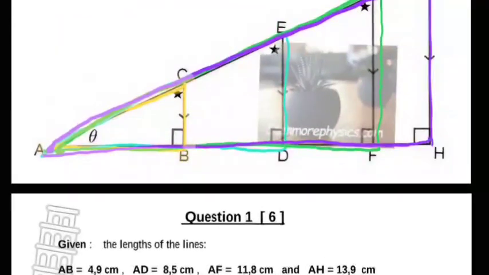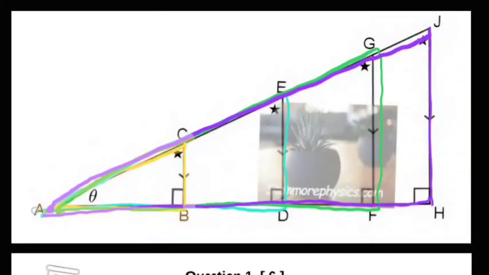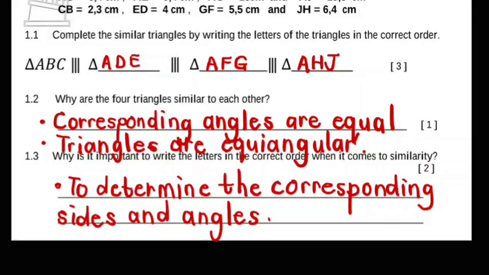What I mean by that is, when we had the first two triangles, ABC and ADE, it showed us that the line AB and AD were similar to each other. The line BC and DE were similar, and AC and AE were similar. So when we write it in the correct order, it's a lot easier for us to identify the sides that are in proportion with each other. Okay, so that allows us to determine the corresponding sides and angles.